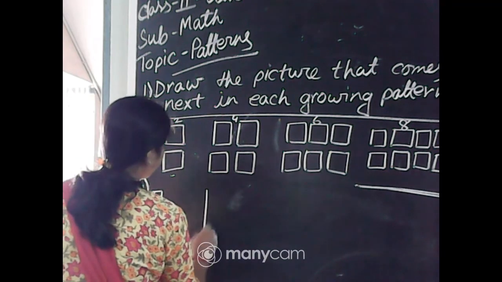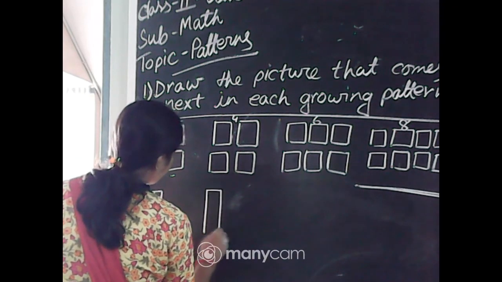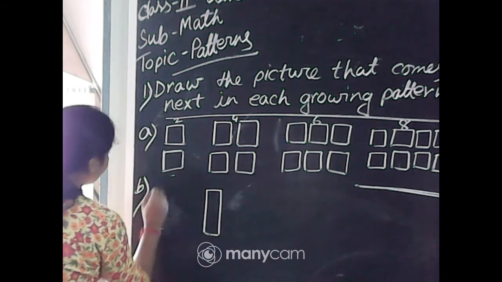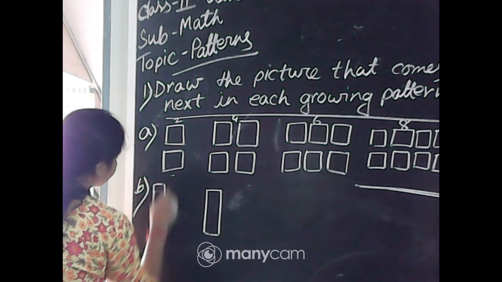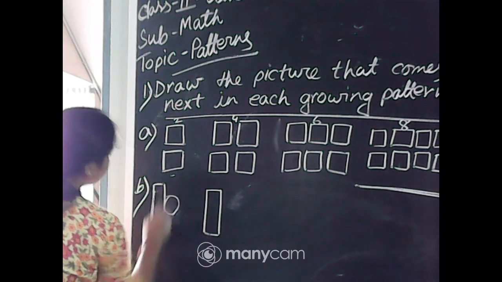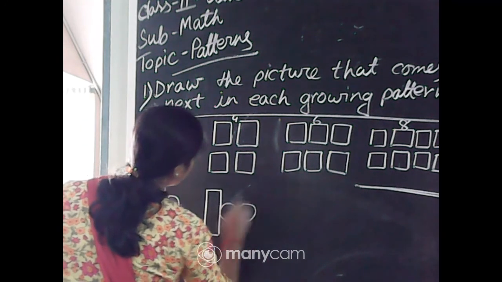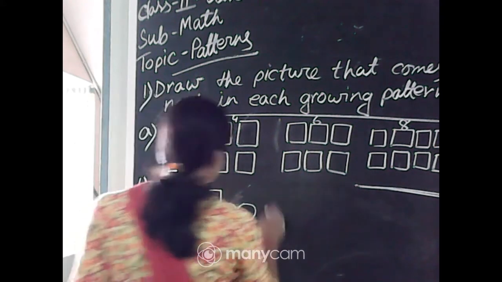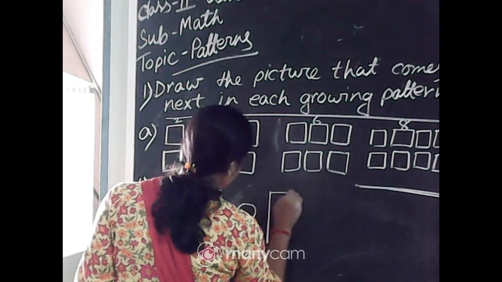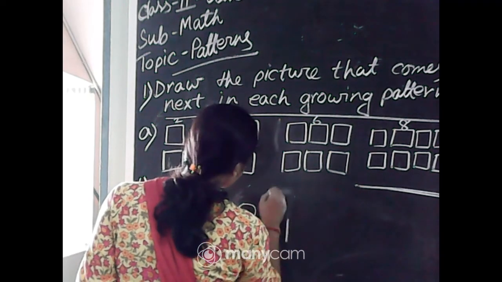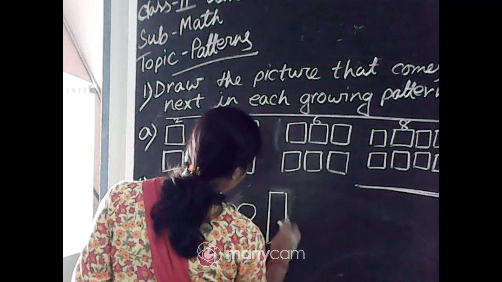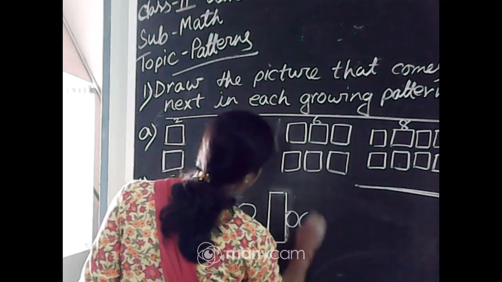In the next pattern, the rectangle will be the same, and one circle, and the next one rectangle and two circles, and the next one rectangle and three circles, increasing.